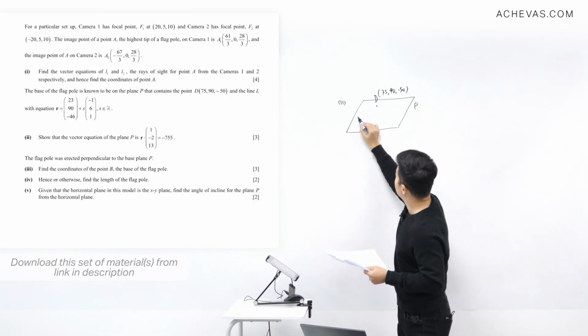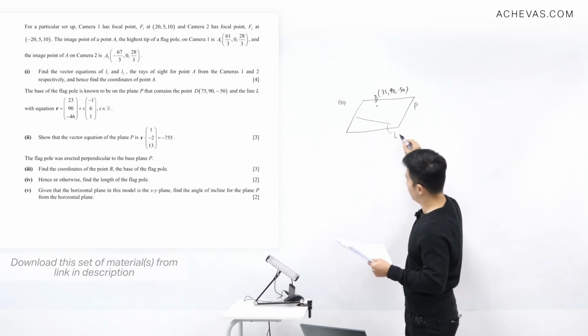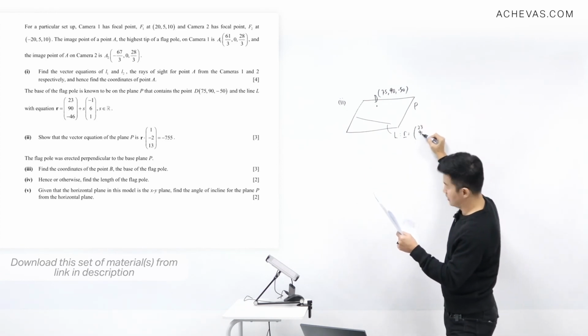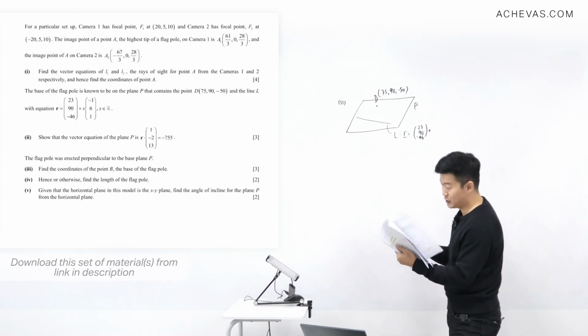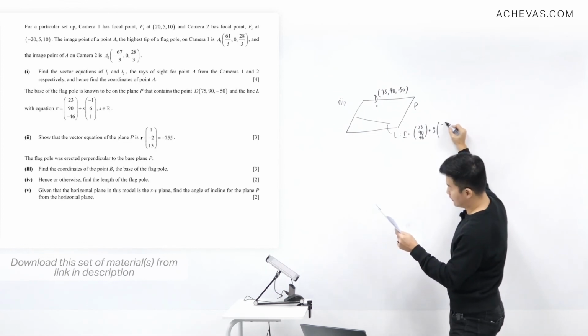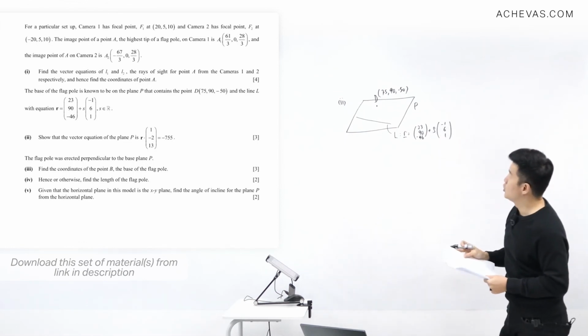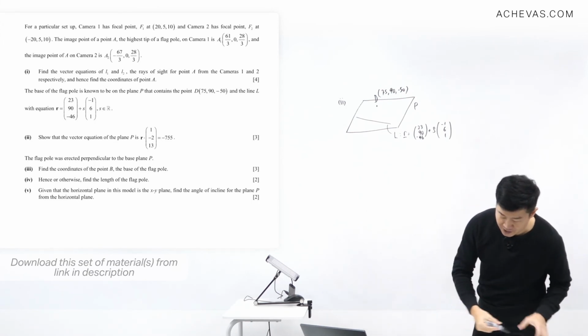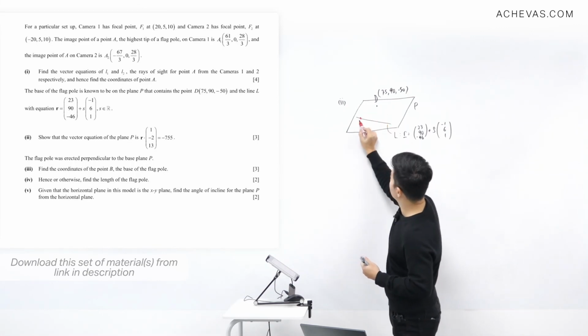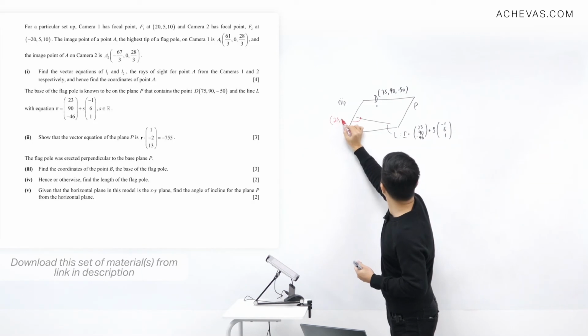And this plane contains a line, this line L, with an equation given as (23, 90, -46) plus, according to the question, let me just reread it again, plus s of (-1, 6, 1). Information that we have obtained from this line is that it passes through a point with coordinates (23, 90, -46).